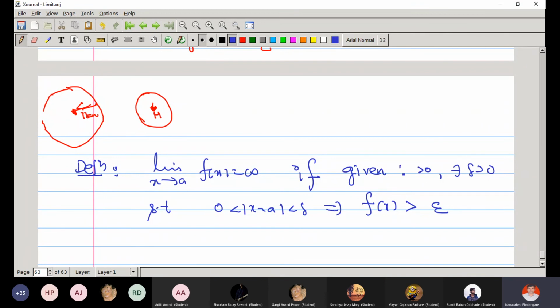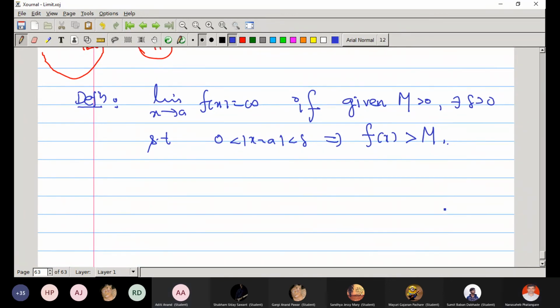Given any larger m, there exists delta such that whenever distance of x from a is less than delta, then f of x is greater than m. Is it clear? Yes, sir. Fine. This is the definition that limit is infinity.